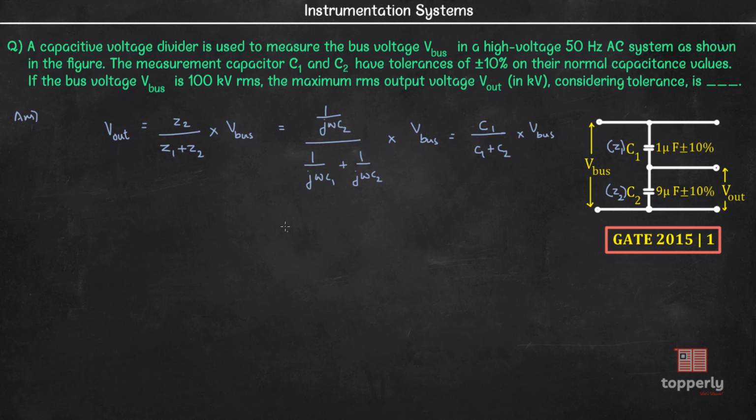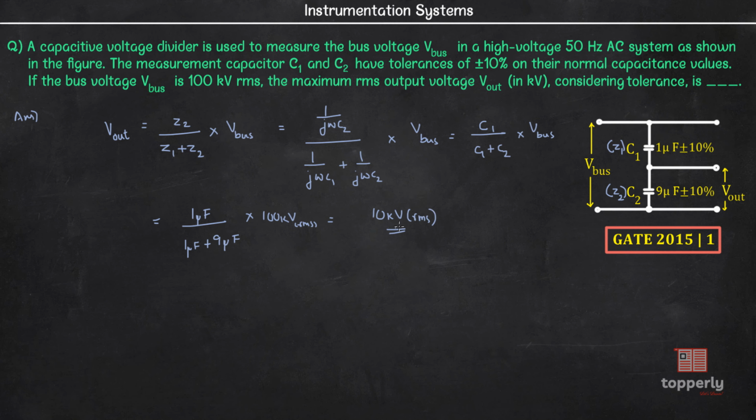We know that the value of C1 is 1 microfarad, therefore 1 microfarad by 1 microfarad plus 9 microfarad into V bus, which is given as 100 kV RMS, which gives 10 kV RMS.